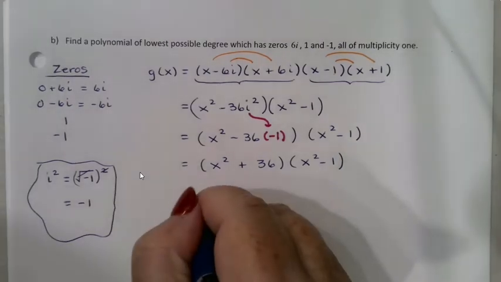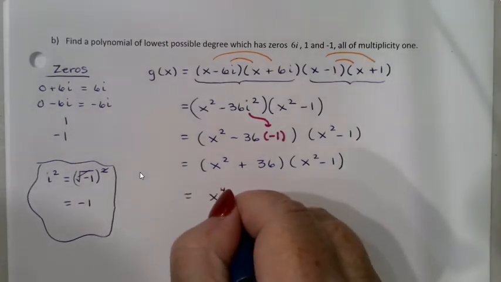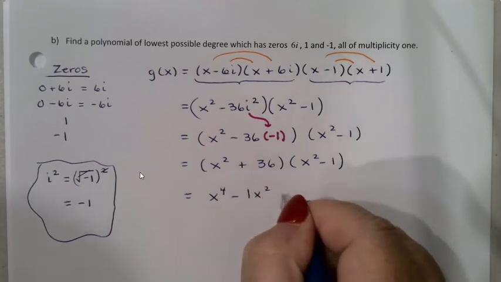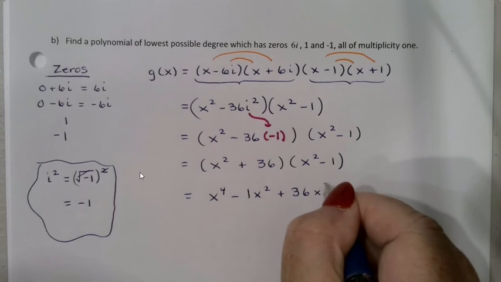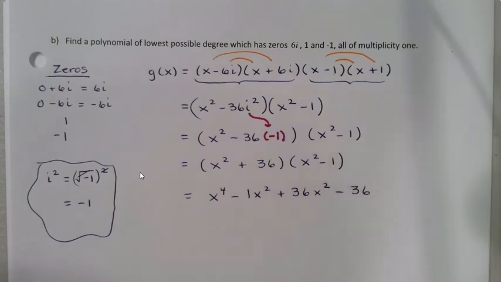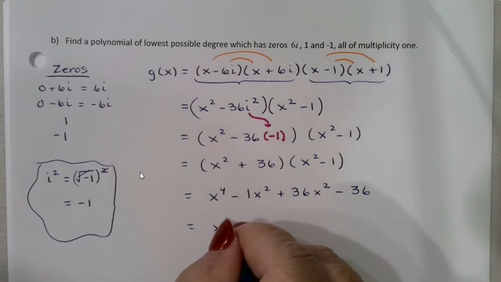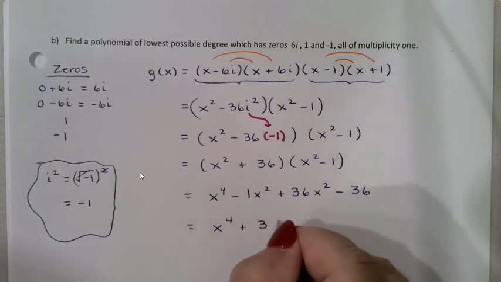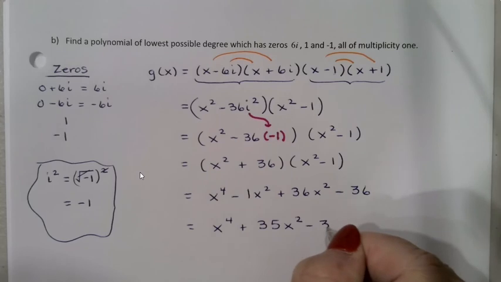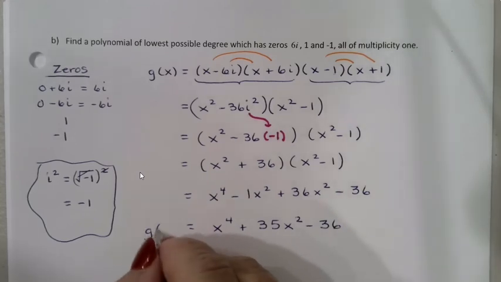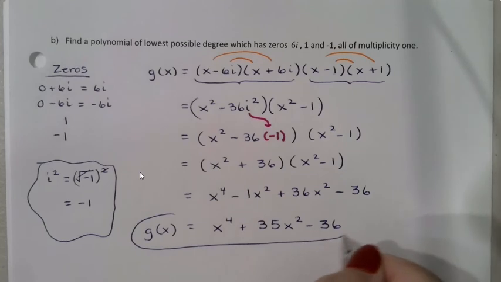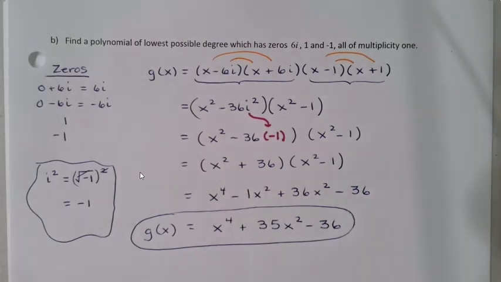All right, now I can do this. x to the 4th minus 1x squared plus 36x squared minus 36, or x to the 4th plus 35x squared minus 36. Keep that one in mind. You may have to use that in these processes. Anytime you have an i squared, that's equal to and should be replaced with negative 1.